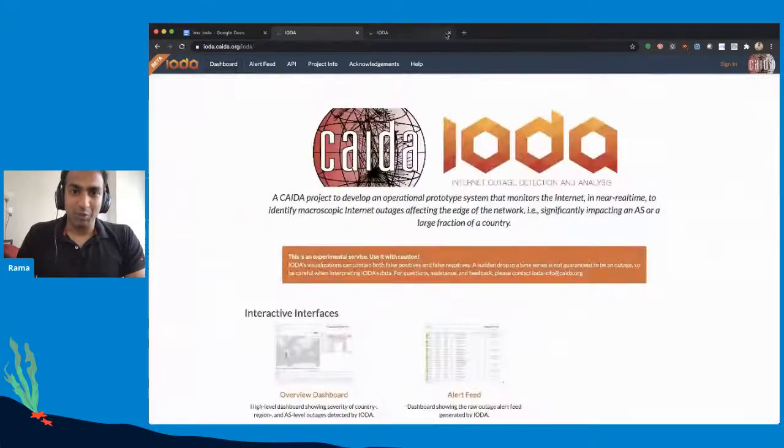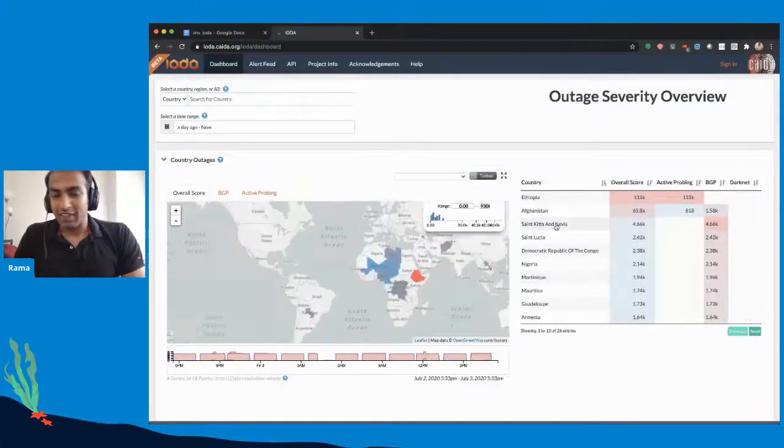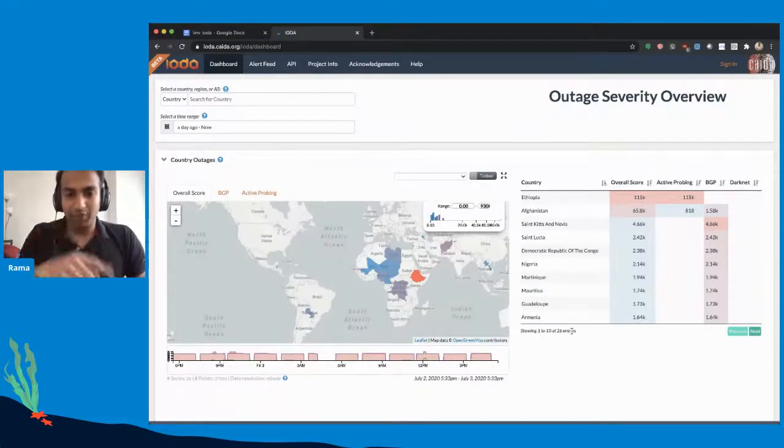One more pitfall is that sometimes IODA can detect false positives, especially in relatively small countries, like St. Kitts and Nevis or St. Lucia. The signal from these small countries is somewhat weak. There aren't many networks in those countries to begin with, so there is a lot of fluctuation in the magnitude of these signals.